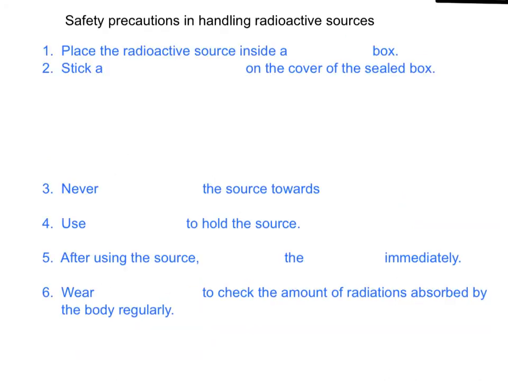Let's see some safety precautions when you are handling a radioactive source. First, we should put the radioactive source inside a lead box to prevent the leakage of radiation from the source.